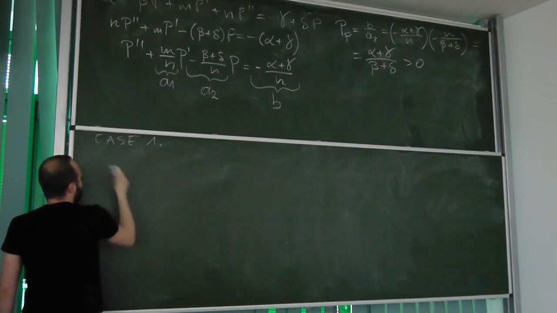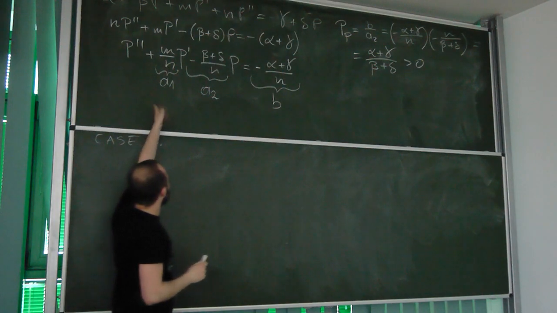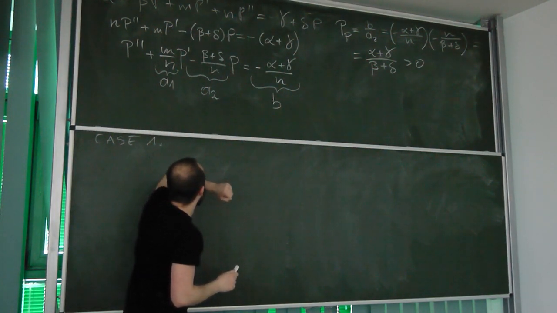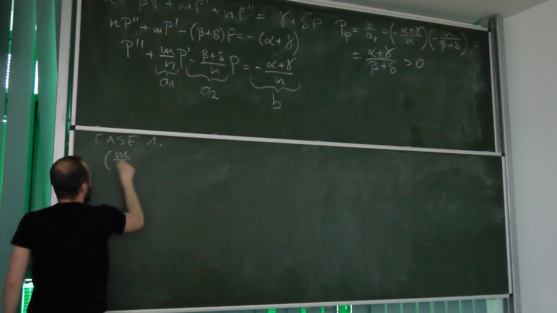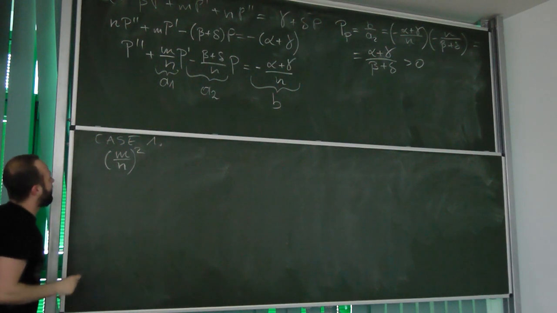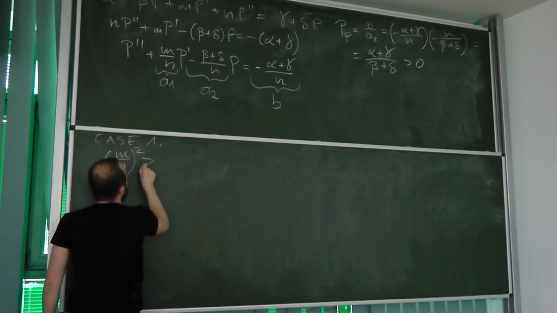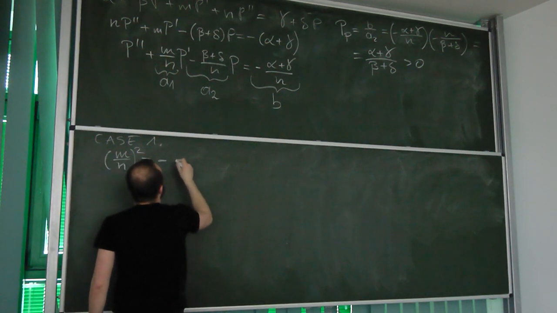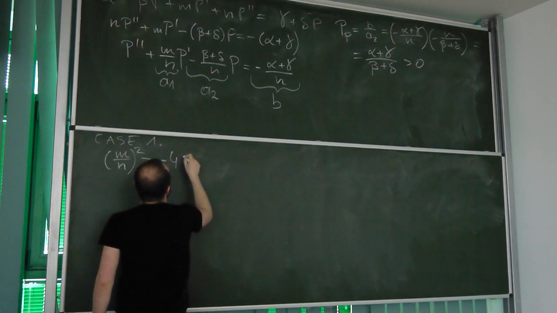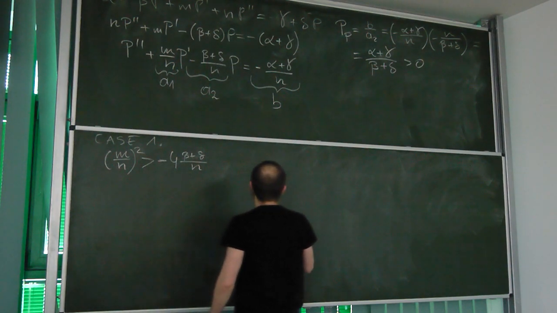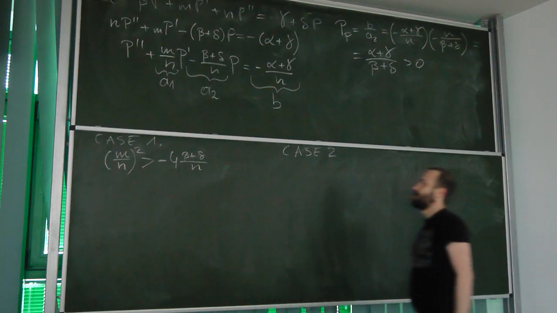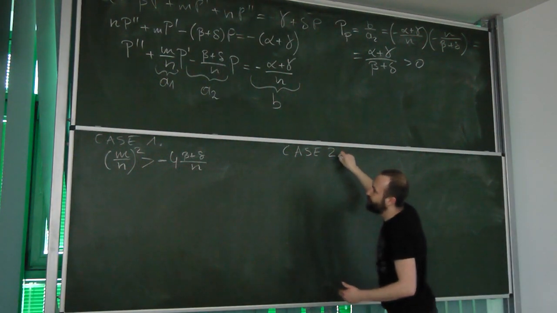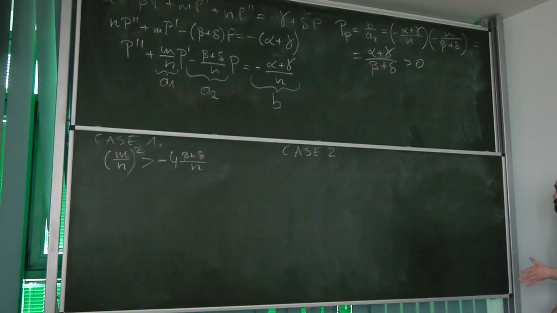This will take place, of course, if a1 squared is bigger than 4 a2. So in our case, if m over n squared is bigger than negative 4 times beta plus delta over n, then we can have case 2. Case 2 is the case of repeated roots.